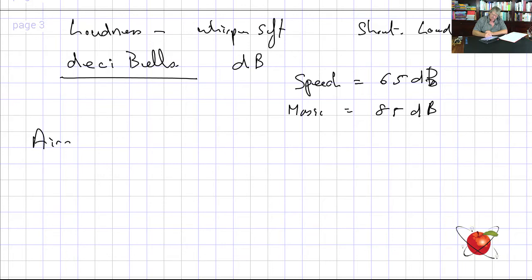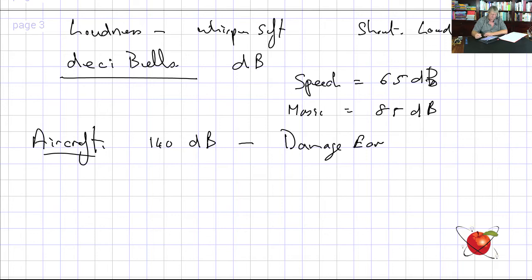A Boeing 747, let's just call it aircraft, because it could be an A380, a 747, who knows, is round about 140 decibels. This will damage the ears, the hearing, permanently. 85 decibels is what's called the threshold. At 85 and above, we start to damage the hearing of a human being.